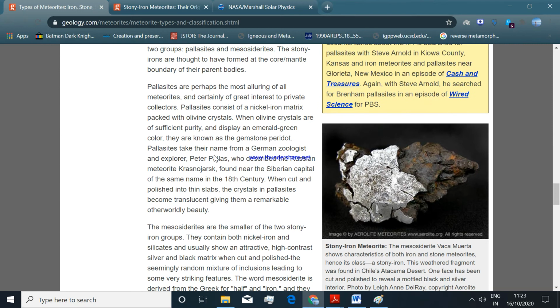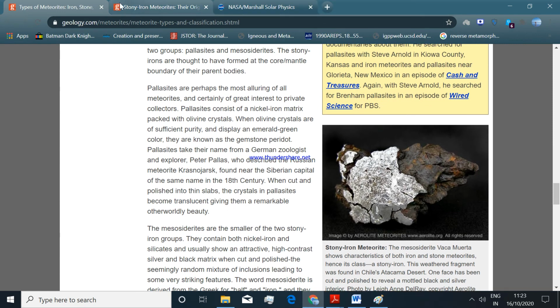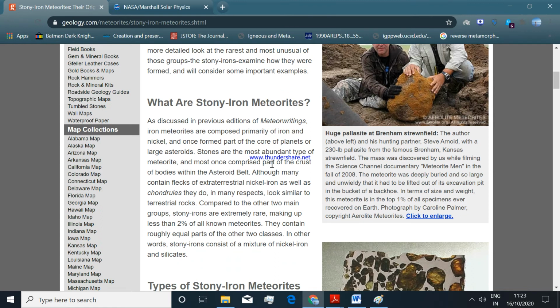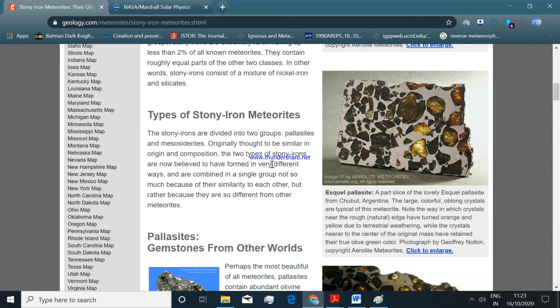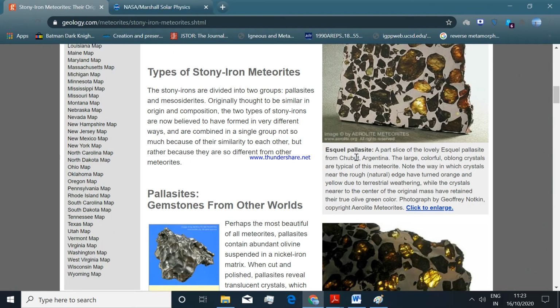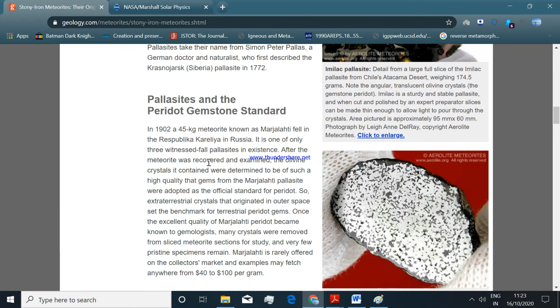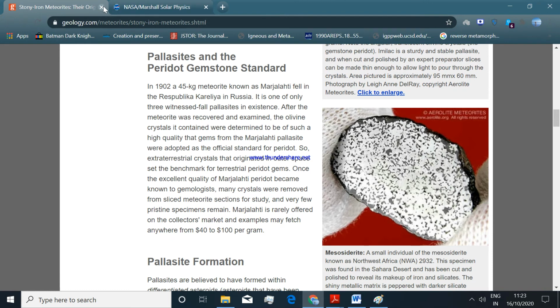Stony-iron meteorites are composed mostly of a mixed nature or character. Stony-iron meteorites also can be different, and there are examples like pallasite, etc. Look at the beauty of this. Okay.